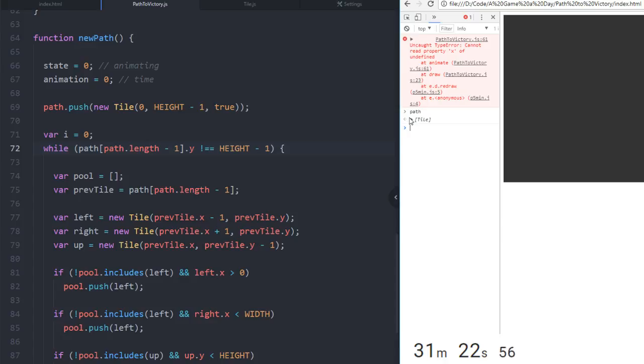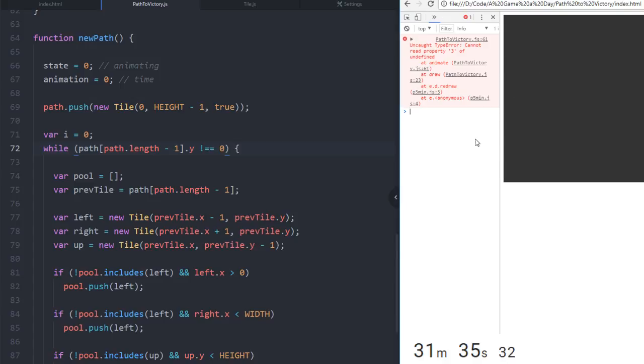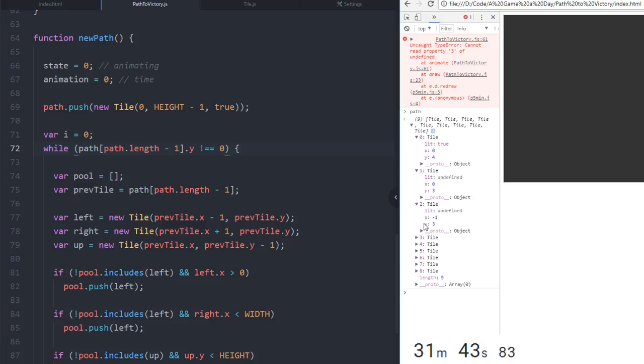Path. We only have one tile. Oh, doesn't equal 0, I guess. So you guys are seeing that. Let's look at path again. It stopped at that. So 0, 4, 0, 3, negative 1, 3.